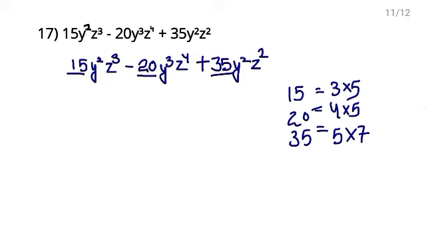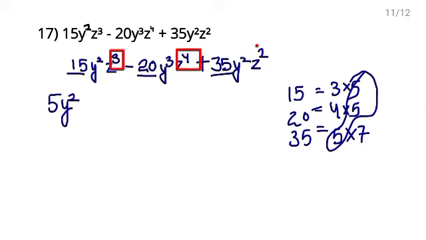So what is common we have? 5 is common. So we will take 5 outside the bracket. This is y square, y cube, y square. We will take y square common. Z cube, z raised to the power 4, z square. We will take z square common.